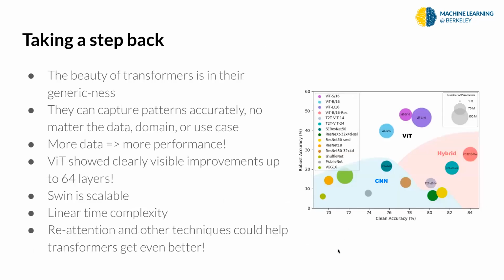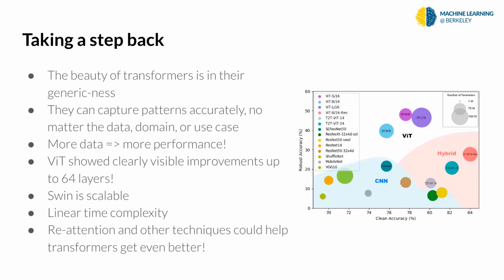The beauty of transformers is in their genericness. And this is seen simply by understanding that they can be used for NLP and vision tasks. They can capture patterns accurately, no matter the data, domain, or use case. More data means more performance, right? We saw this earlier where ViTs outperform CNNs with much more data.